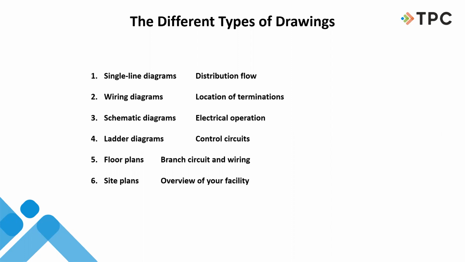Wiring diagrams give us locations of terminations and where things are in a panel, on a machine, those kinds of things. Some people may not have wiring diagrams. They may just have schematics. It's really hard to say. A lot of times those wiring diagrams just get lost.